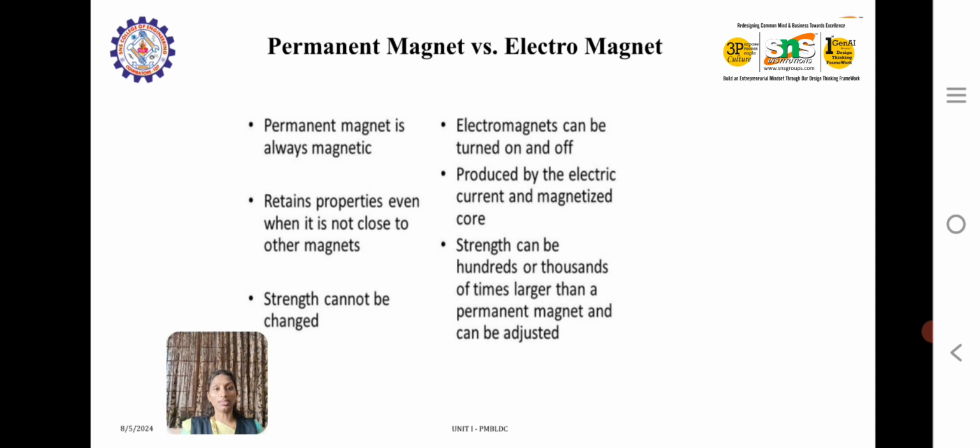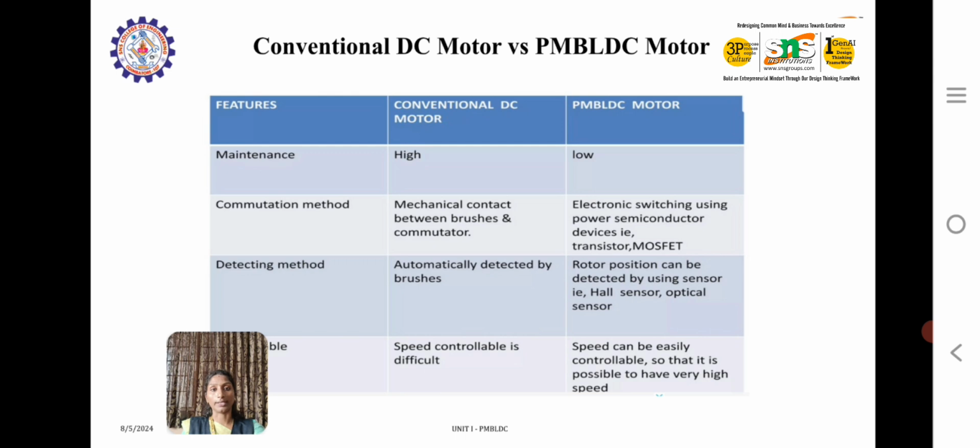Coming to strength, the strength cannot be changed in a permanent magnet, whereas in an electromagnet the strength can be hundreds or thousands of times larger than a permanent magnet, and it can be adjusted since it is variable. So this is the difference between a permanent magnet and an electromagnet.